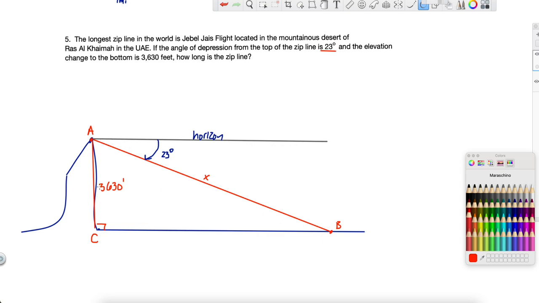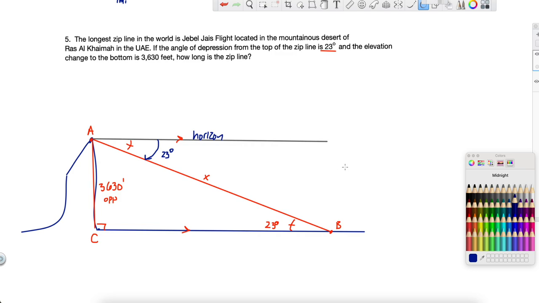So that is the hypotenuse and this angle right here. We can find this angle here, or we can find this angle here. Since I like to demonstrate our parallel line properties with the transversal, we know that this angle is also 23 because these are alternate interior angles and they're congruent. And so I got 23 degrees. I know this opposite leg over here is the elevation change, and X is my hypotenuse.